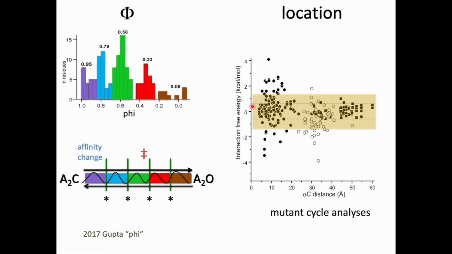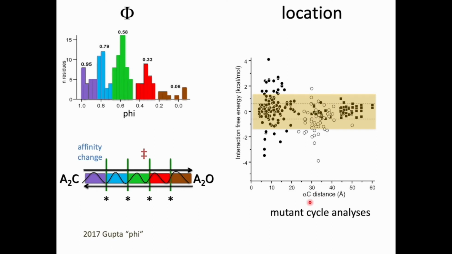And we plot these interaction energies as a function of the distance. Now, there's noise in both of these axes. Of course, there's noise in the measurement, and this orange bar represents what we think is the noise of our measurement, which is about 1.6 kcals per mole, or 2 kT approximately. And on the x-axis, there's noise because first we're using C-alpha distances, not residue centroid distances.